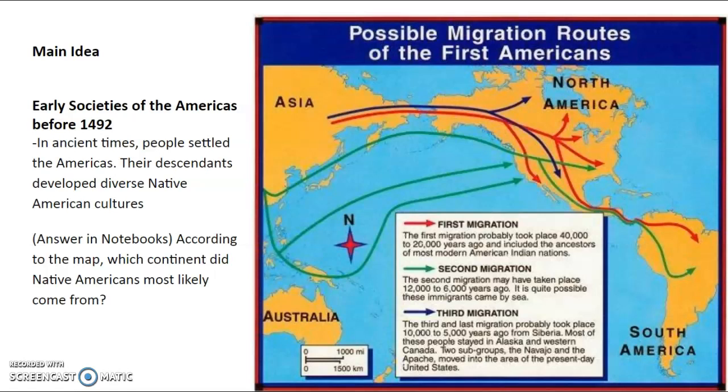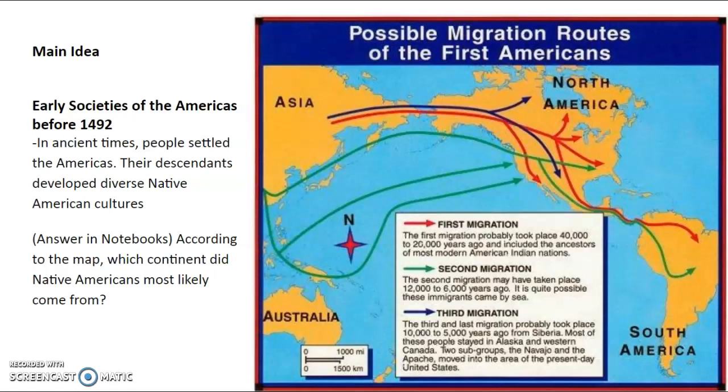Now, at the bottom of here it says, I want you to answer these in your notebooks. According to the map, which continent did Native Americans most likely come from? Now looking at this map, at the top it says possible migration routes of the first Americans. So migration routes means where people moved, and the routes in which they went when they were traveling.